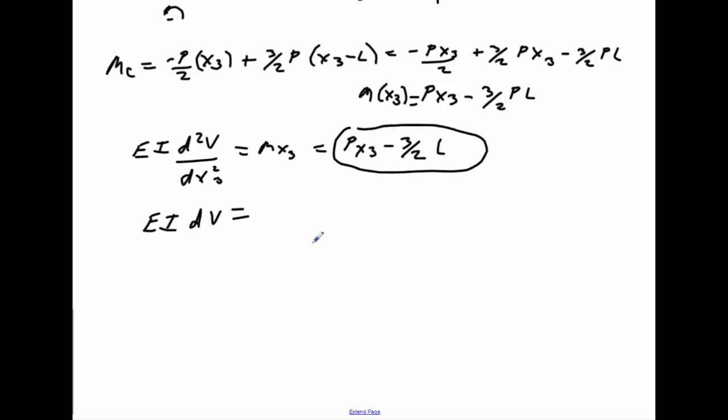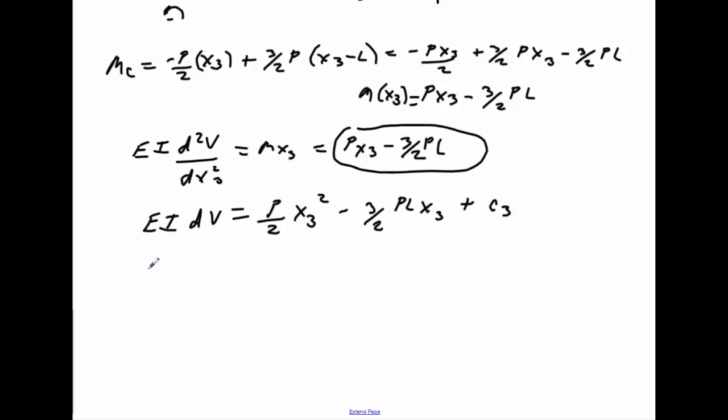So when I integrate the first part, I will get P over 2 x3 squared minus 3, I left my P out here, 3 halves P L times x3, and then we've got to add our constant, in this case C3.